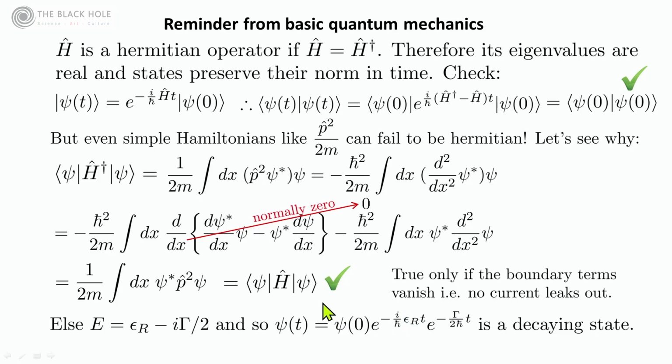The magnitude of this will remain constant in time. But now there is also this e to the minus gamma times time. And this is a decaying state. So, for example, there could be an atom which decays, has a lifetime, and this gamma is related to its lifetime, or rather, 1 over its lifetime.